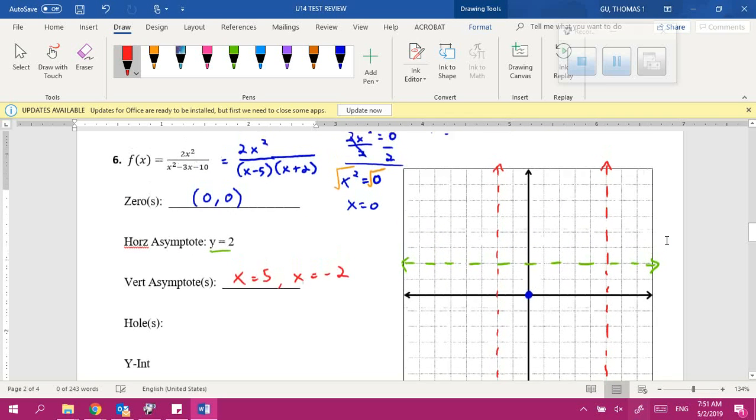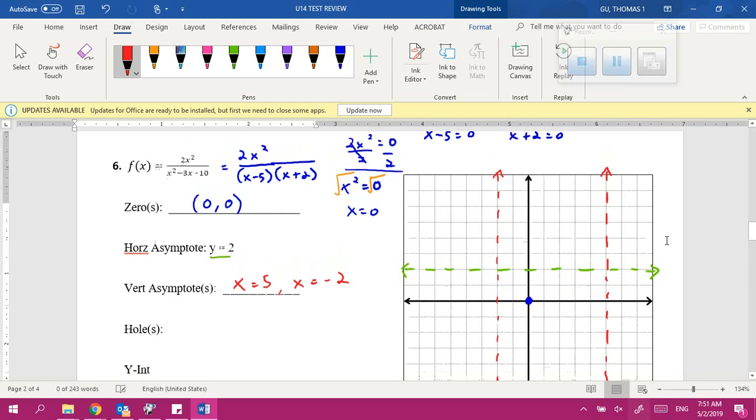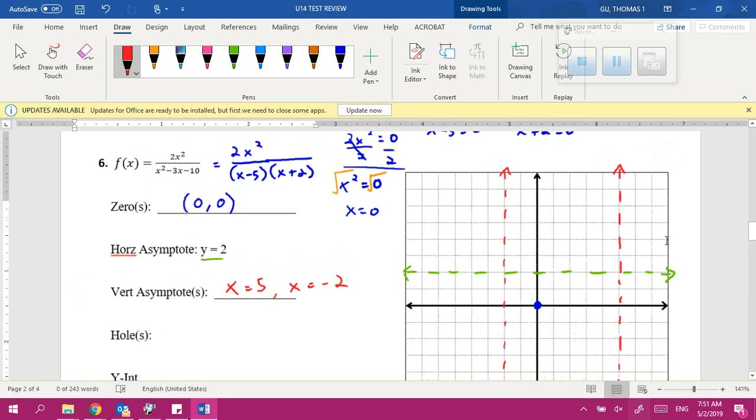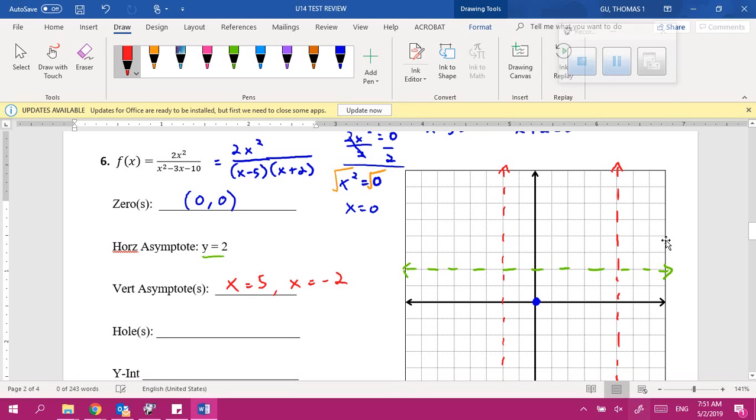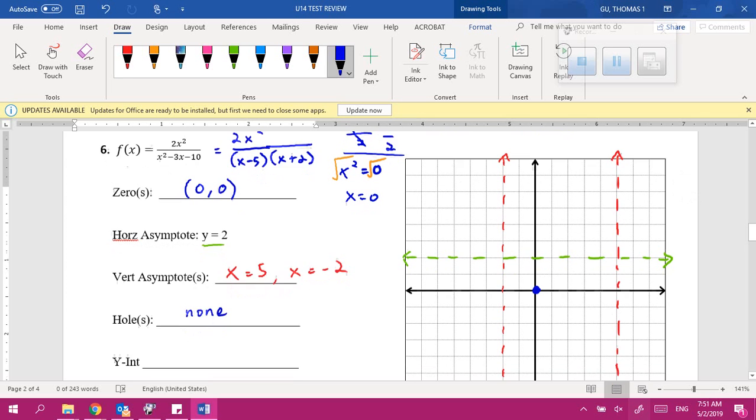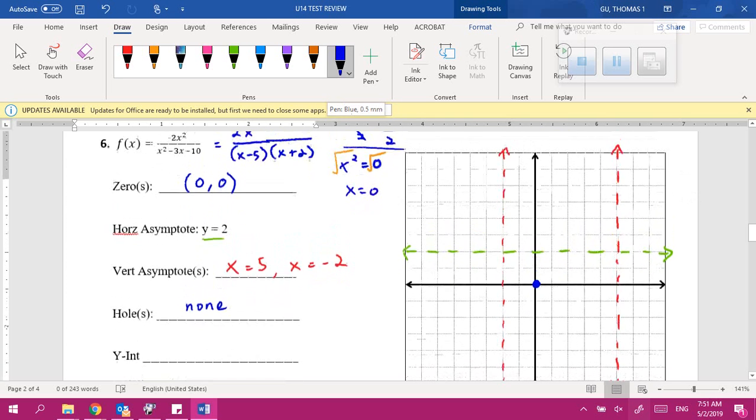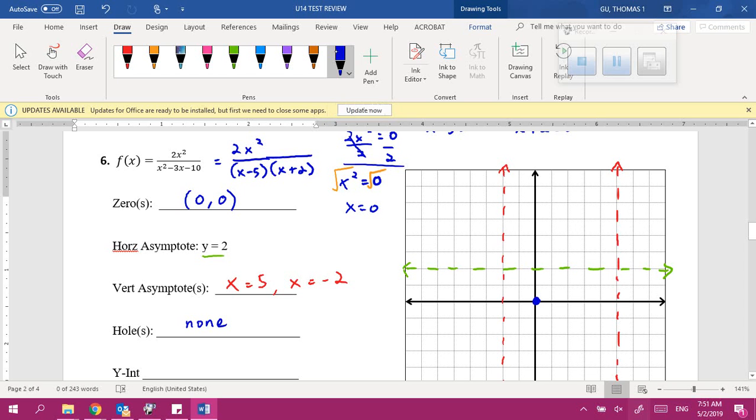So are there any holes on this graph? No, why? We didn't cancel anything out in the original fraction, so there are no holes. We write none. And then how do I find the y-intercept? Set x equal to 0 in this fraction.